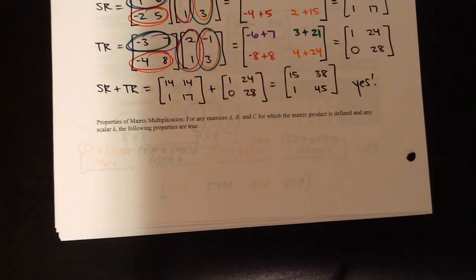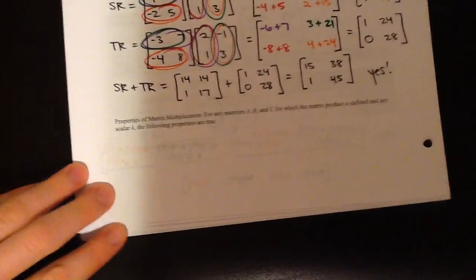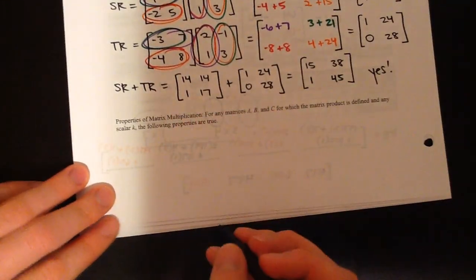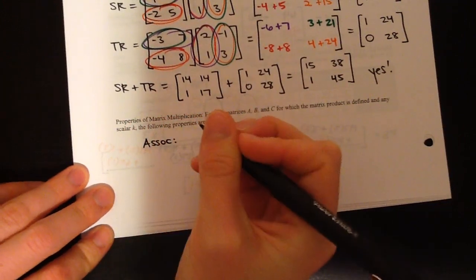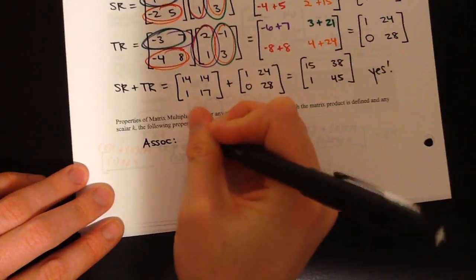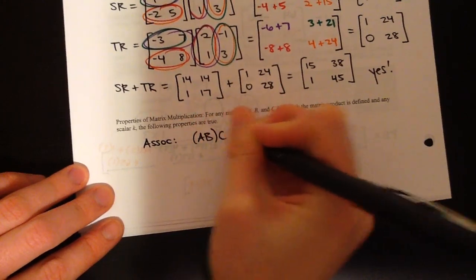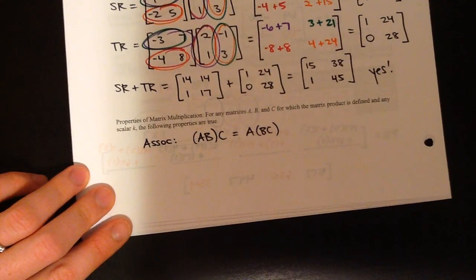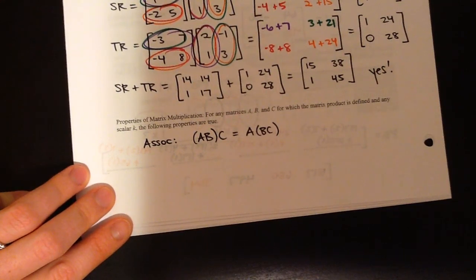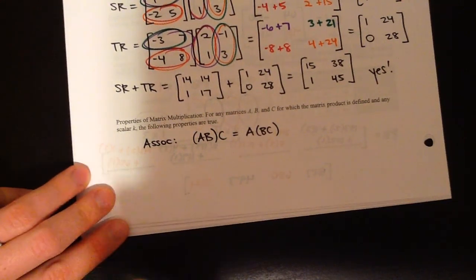Properties of matrix multiplication. These are the ones that hold. Turns out also that the associative property holds. So two associative properties. The associative property of multiplication, as well as the associative property of scalar multiplication.